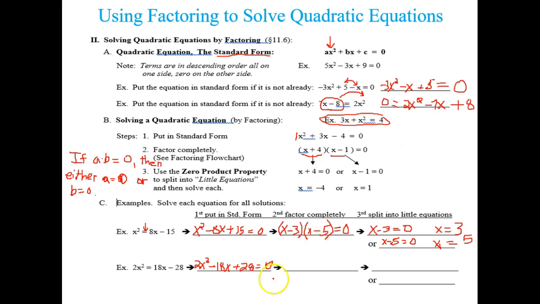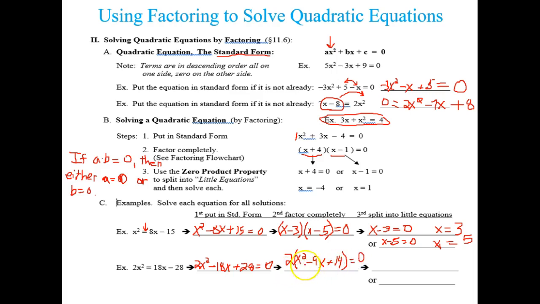All right, so now I look at it and say, okay, now I've got to factor. Now I've got a 2 in front here, but I haven't done my first step in factoring. I haven't distributed out the common factor. So the first thing I'm going to do is distribute out a 2. And that leaves me with x squared minus 9x plus 14, in parentheses, and then equals 0.